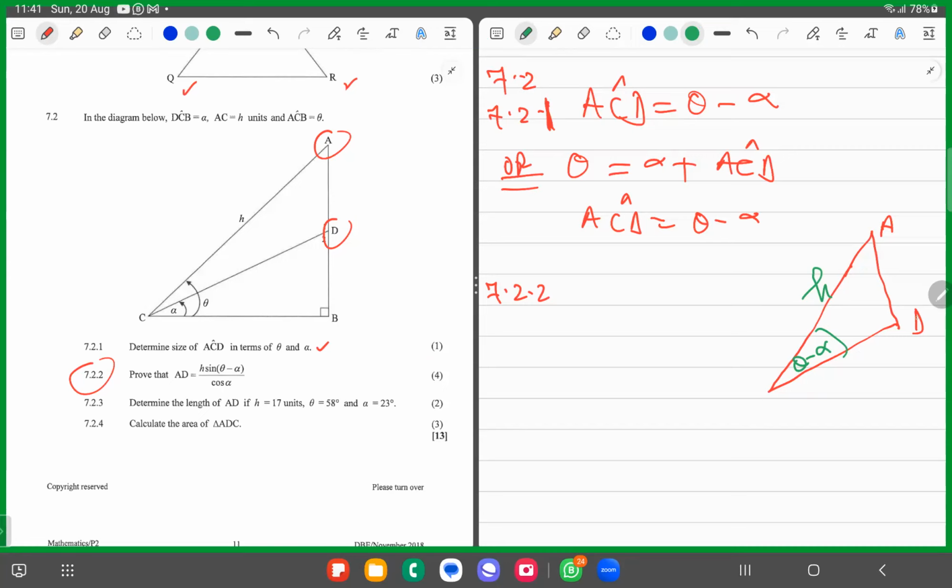You need to get your AD, and this is your A, and this is your D. This angle ACD, this is C, is what we are talking about. So what is ACD? By using any of the rules that we know, we are able to get this one.